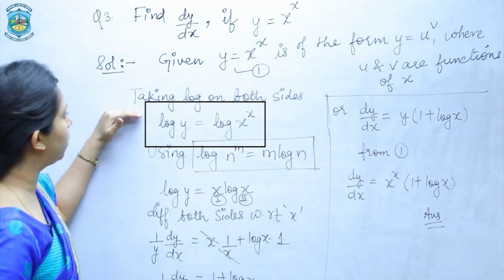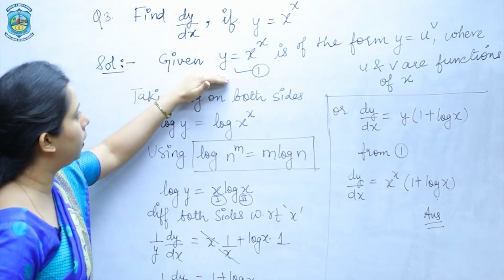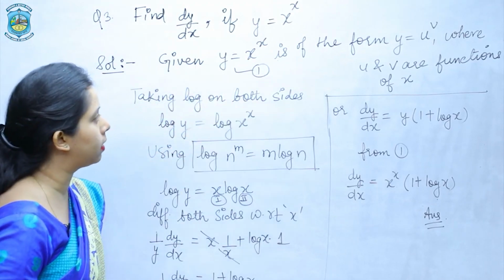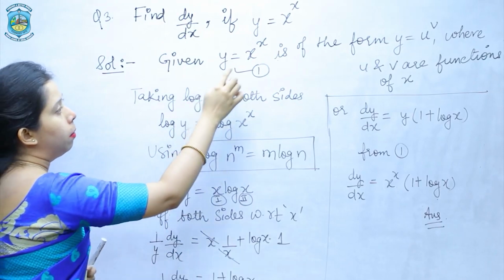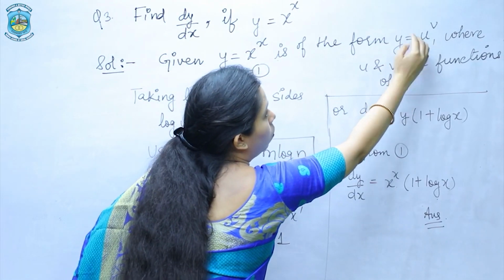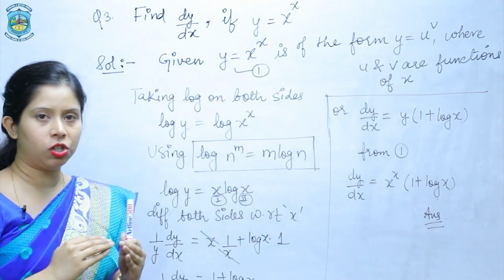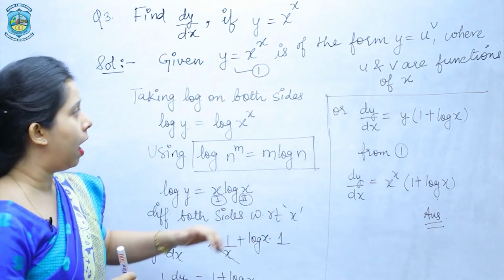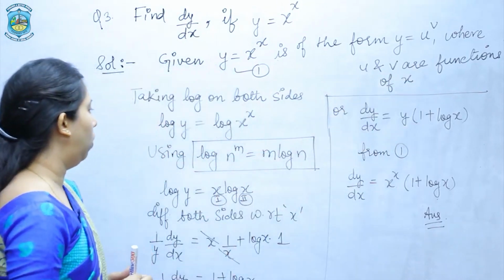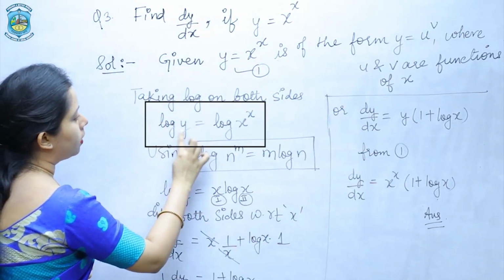So doing the same procedure, we are marking this as equation number 1 and then taking log on both the sides. Why we are taking log? Because the example is of the form y is equal to u raised to the power v, function raised to the power function, where u and v are functions of x. So taking log on both the sides.